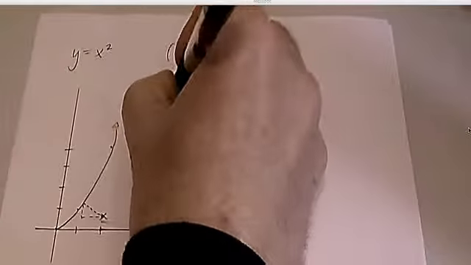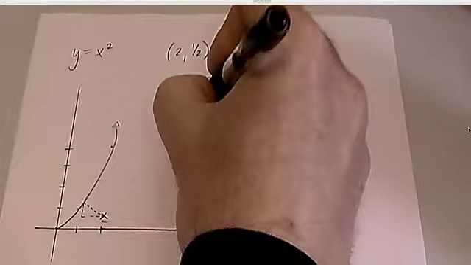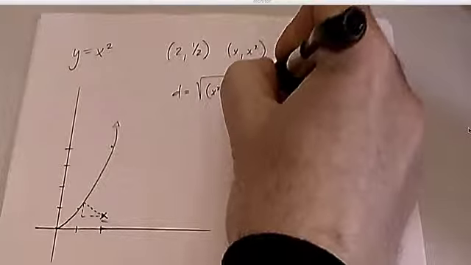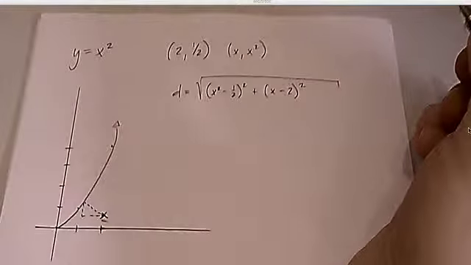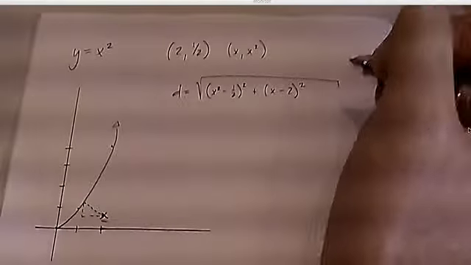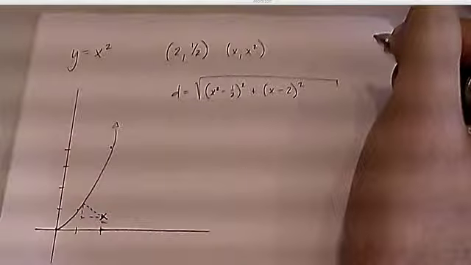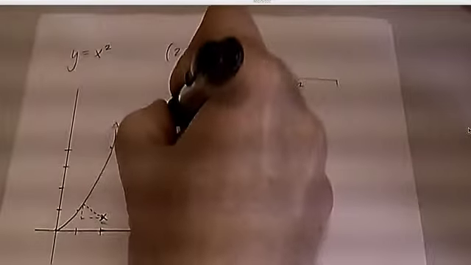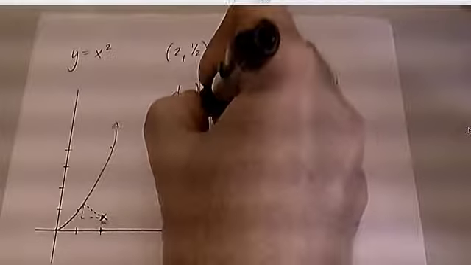Okay, so if I want to find the distance formula, I know that it's going to be (x squared minus 1/2) squared plus (x minus 2) squared. But like I said, if you minimize the radicand, you minimize the radical. So you could actually get rid of that and deal with it as, let's just call it, d sub 2.